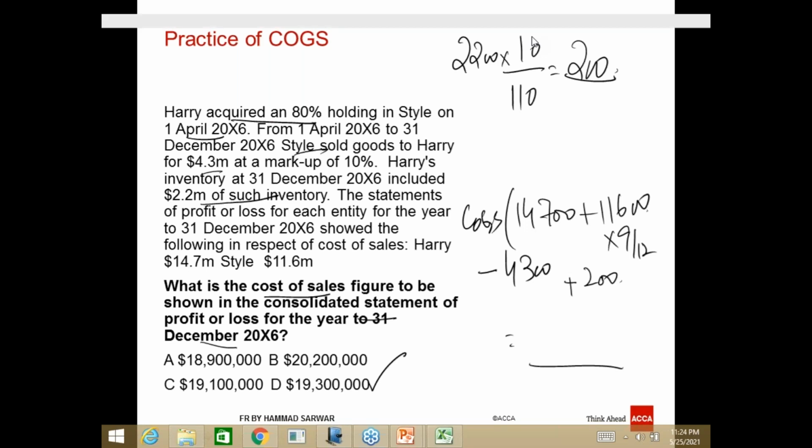Can you give the rationale for A? 14.7 plus 4. No. Unrealized profit should be added, but not deducted from the cost of goods sold. So that's why the answer is D.